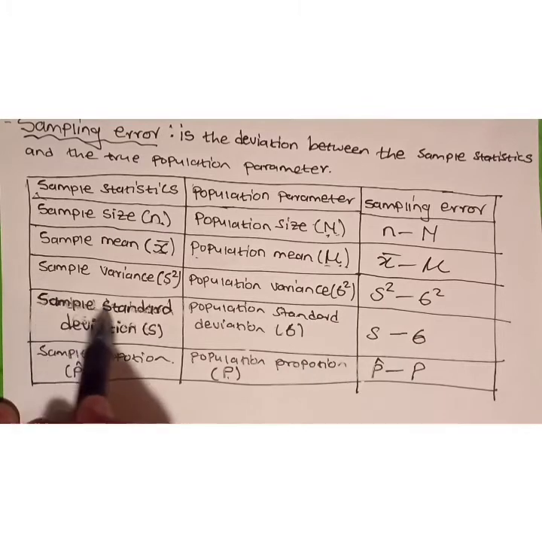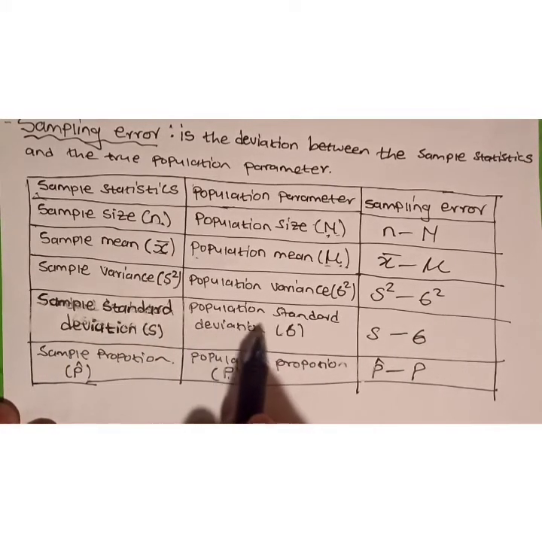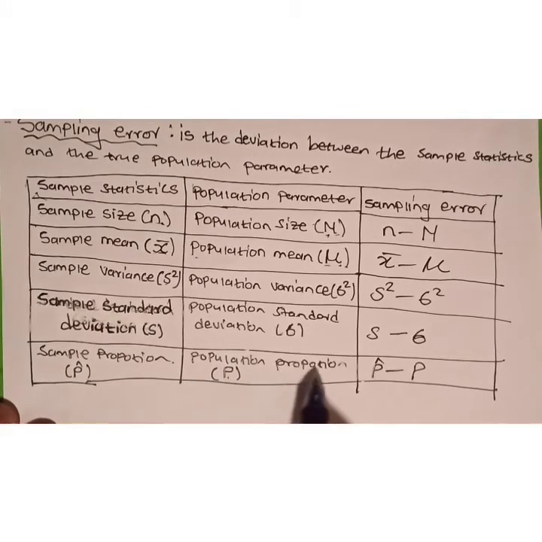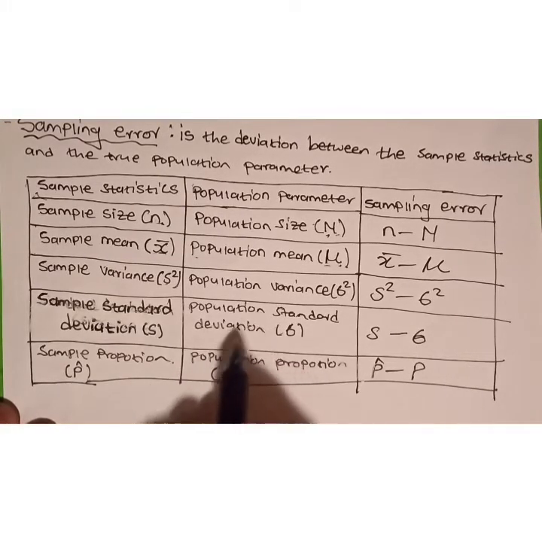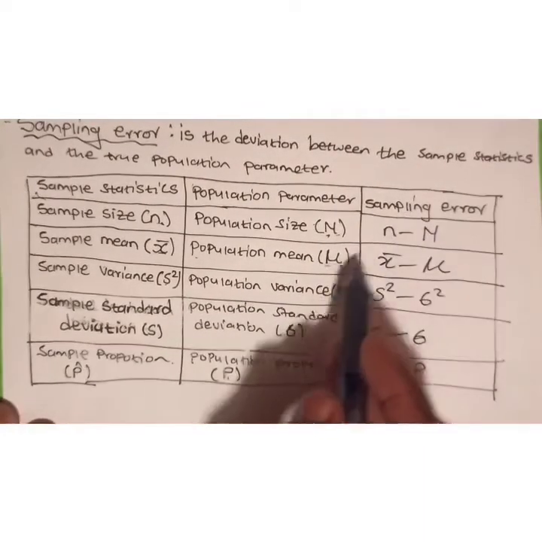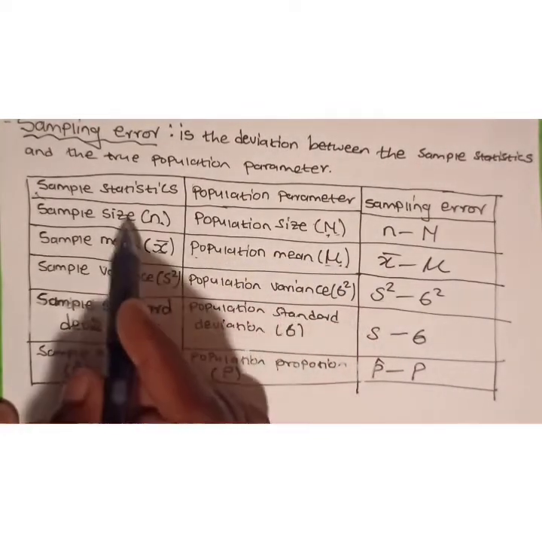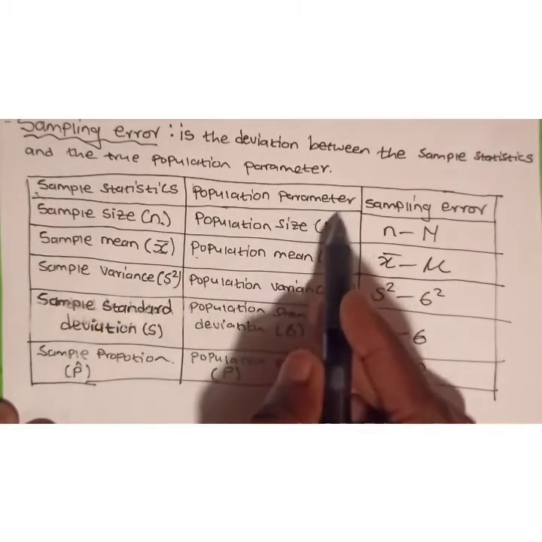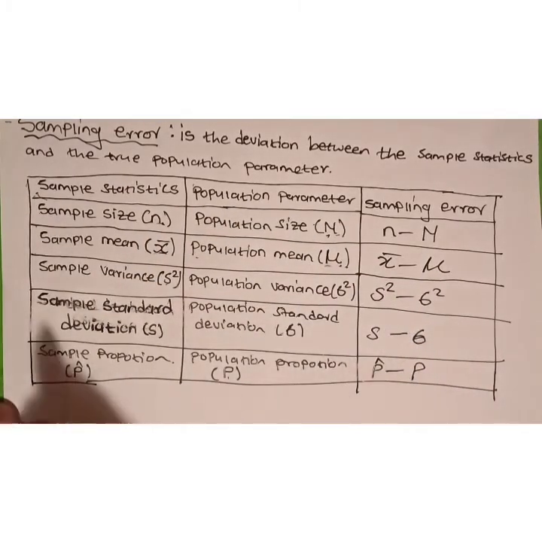We have the sample standard deviation, S, used to estimate the population standard deviation. We also have the sample proportion, p hat, used to estimate the population proportion. So sampling error is just the difference between the sample statistic and the population parameter.